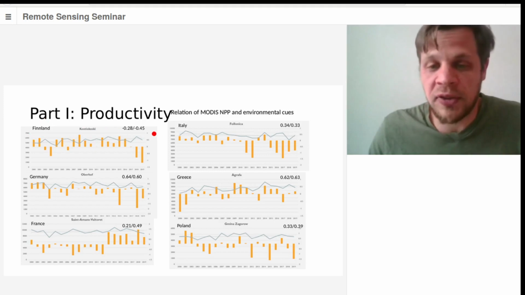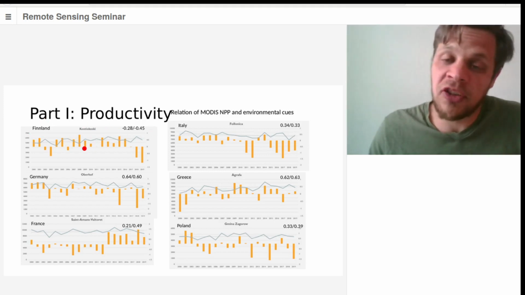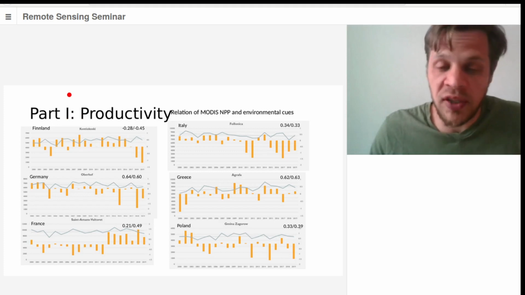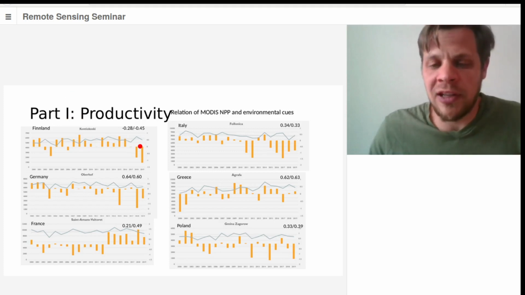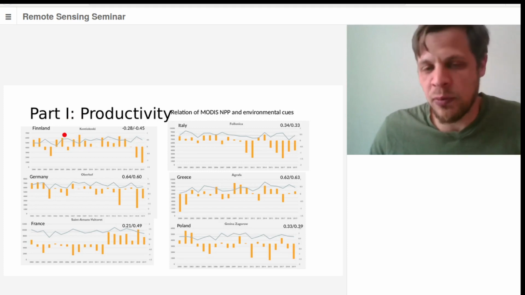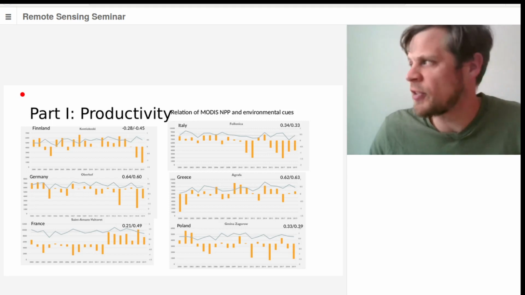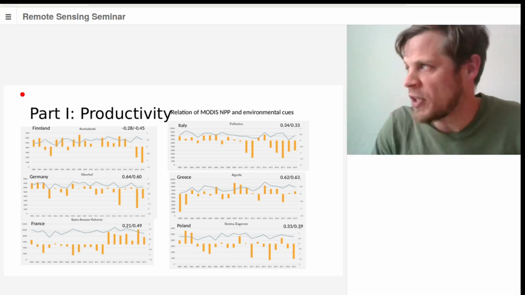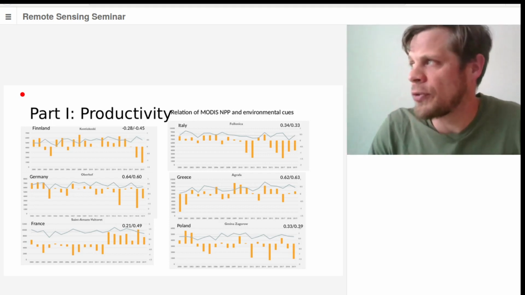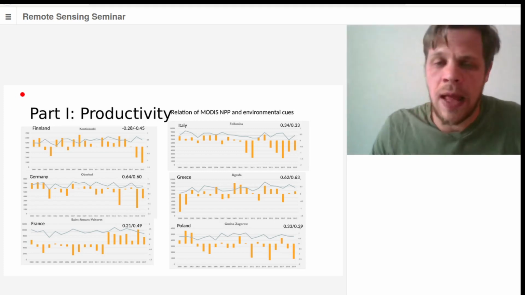Which is interesting because it basically means that these trees grow better when there's less moisture in the soil. It sounds a little bit odd at first view, but I think all people that live in the Baltic states probably understand that, when you think of all these forest stands in Estonia, where ditches are necessary in order to enhance productivity.